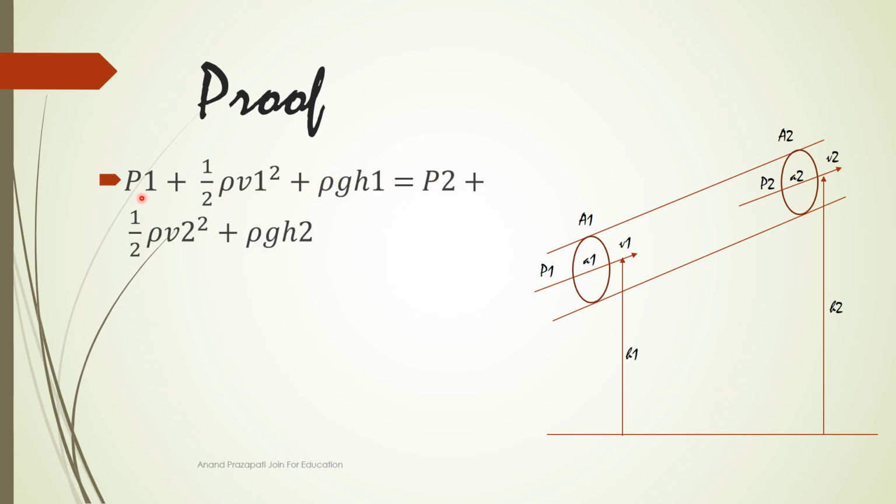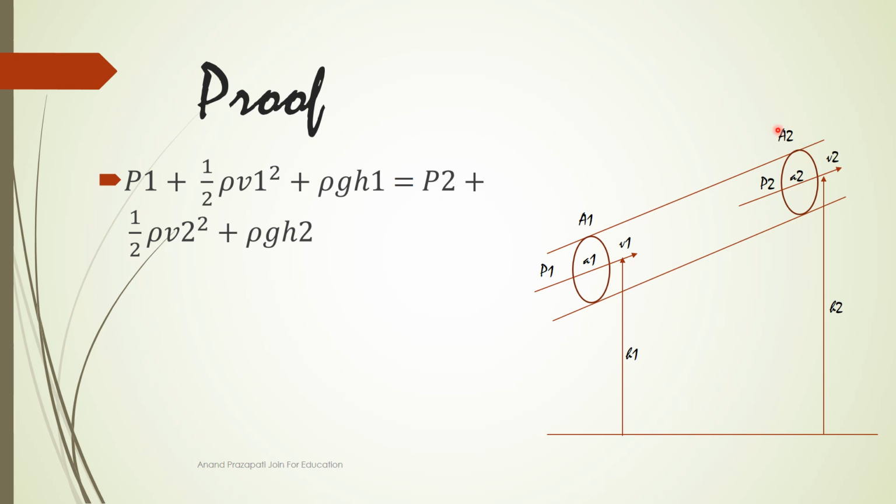P1, the pressure of the liquid at the point A1, plus half the density of the liquid times the square of the velocity of the liquid at the point A1, plus the density of the liquid times acceleration due to gravity times the height from the surface of the earth of the point A1.